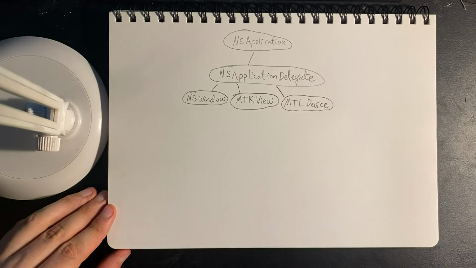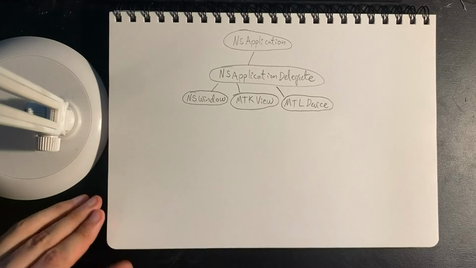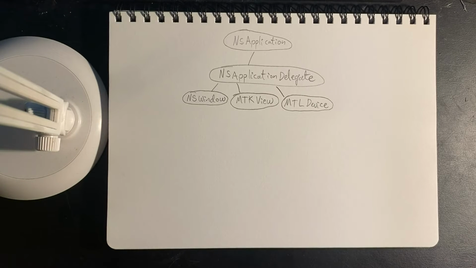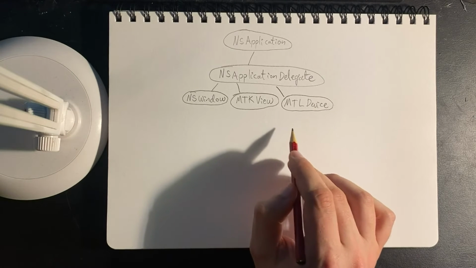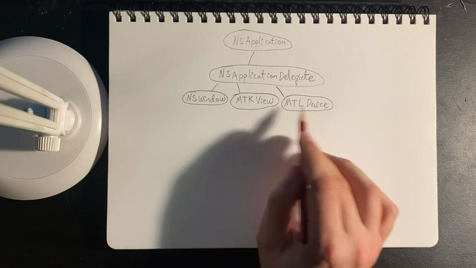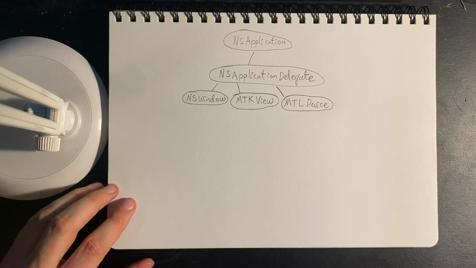Now, a Metal device more or less abstracts all of the logical things that we can do with our graphics card. So it's sort of like the main controller for everything Metal related, and it's basically the graphics card device. So its closest equivalent would be the logical device in Vulkan.